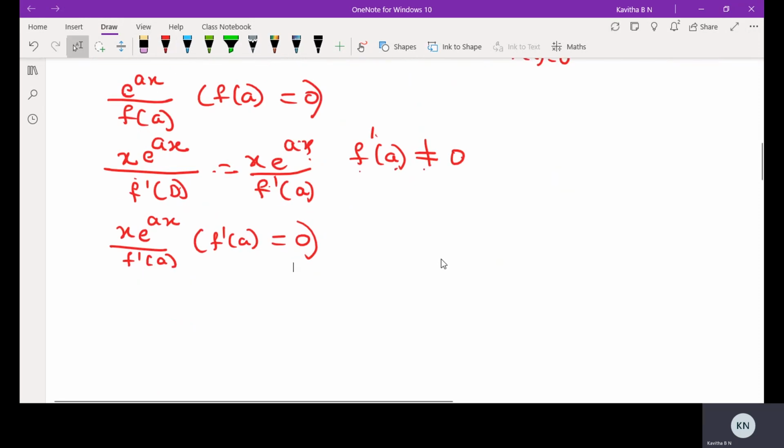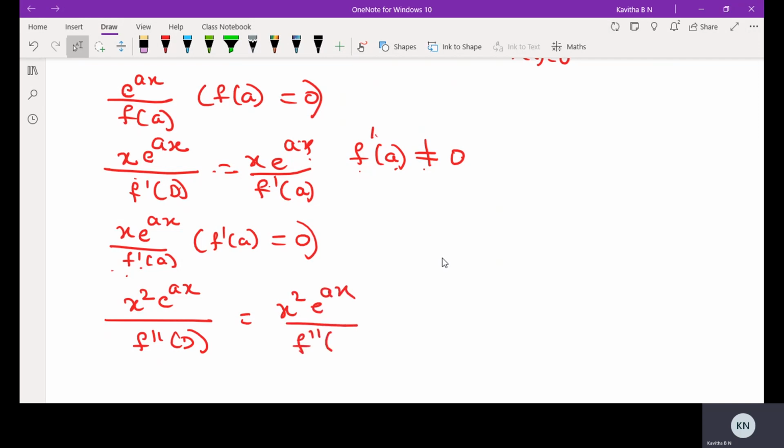Multiply by x again in the numerator, giving x square into e to the power of ax, and differentiate the denominator again, giving f double dash of D. Then substitute a, giving f double dash of a, and continue.